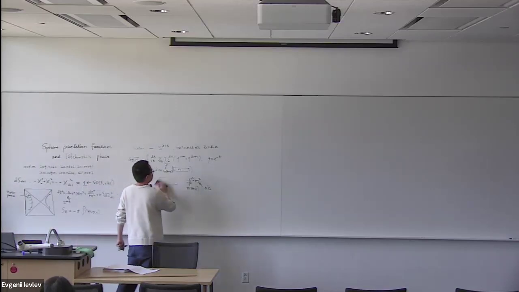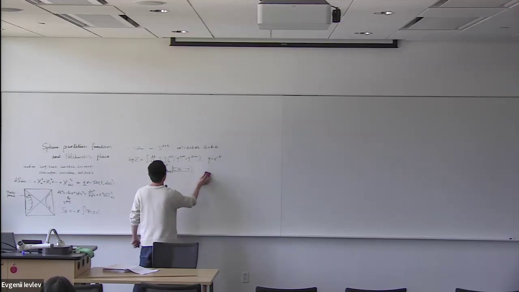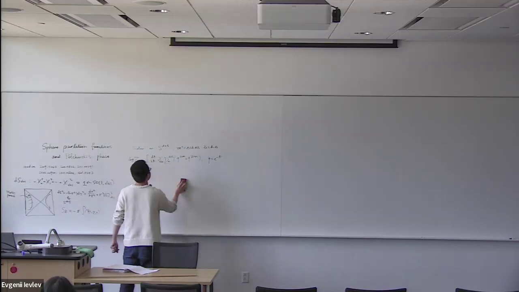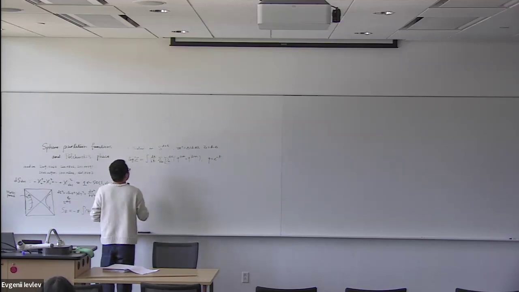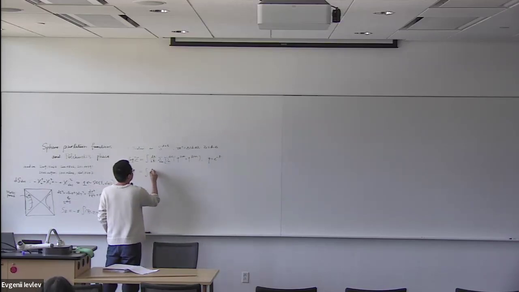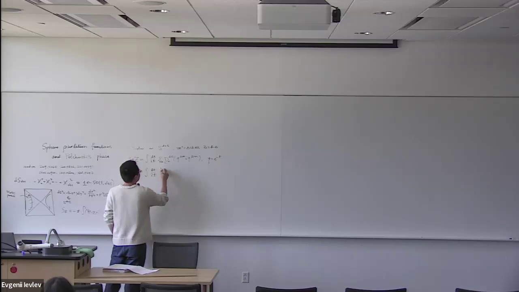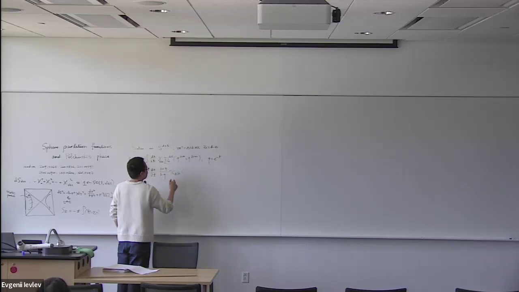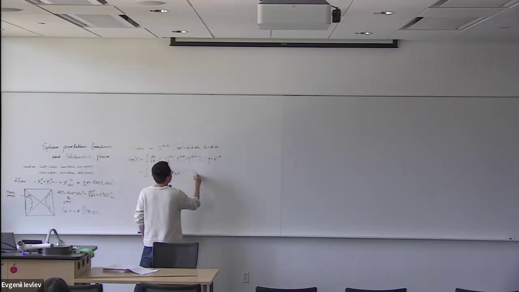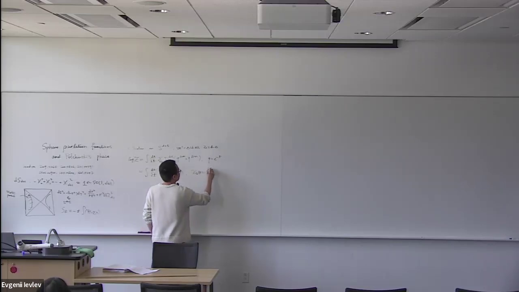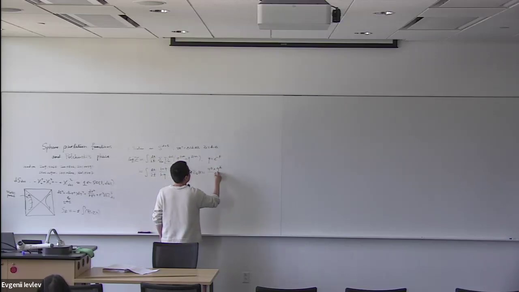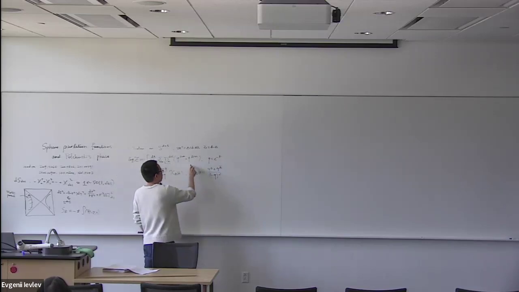This example is very trivial for a scalar, but it turns out these structures persist for spinning fields. If you compute the sum, it's something very simple. I call it chi delta. This function is actually very important.